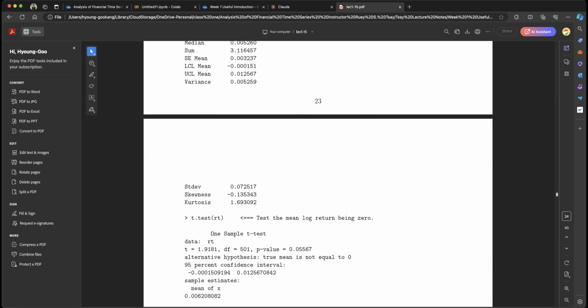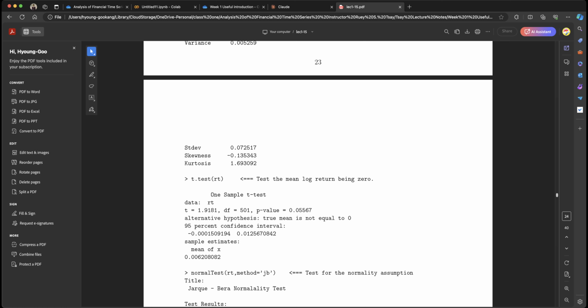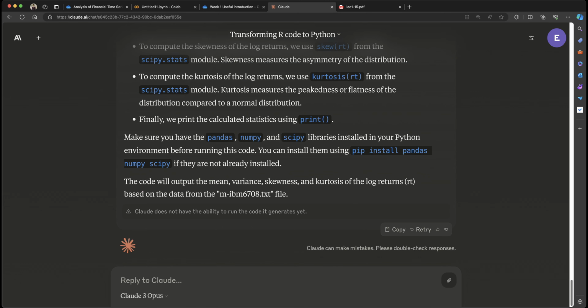Now the t-test. How about the t-test? Test whether the mean log return is 0 or not. So how do we do the t-test? Again I can go to Claude and transform it to Python.